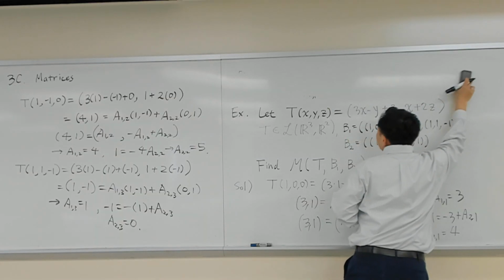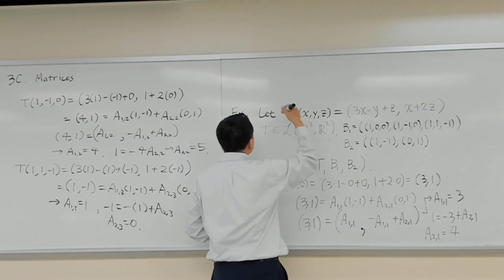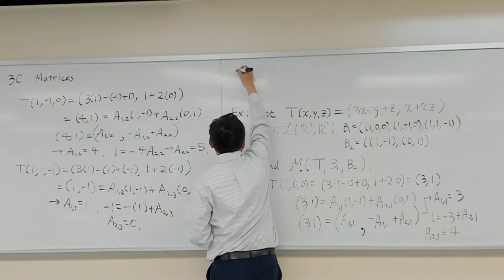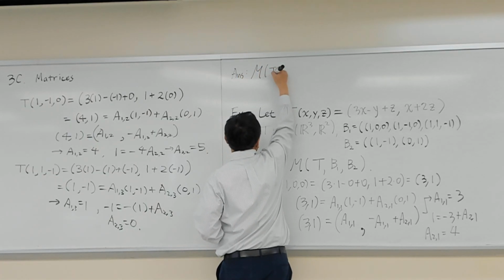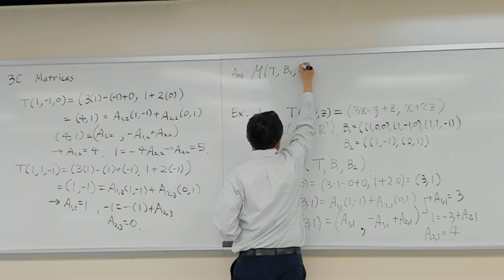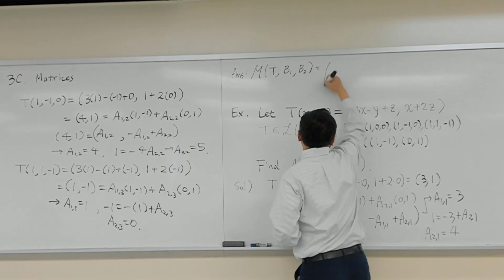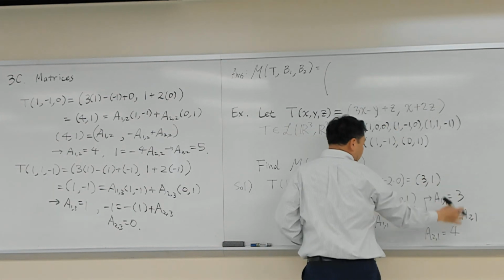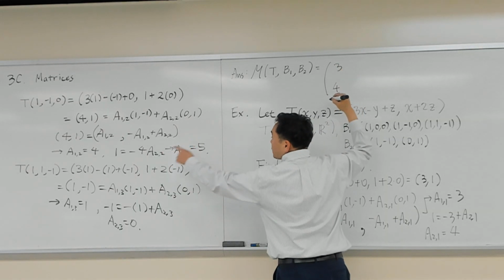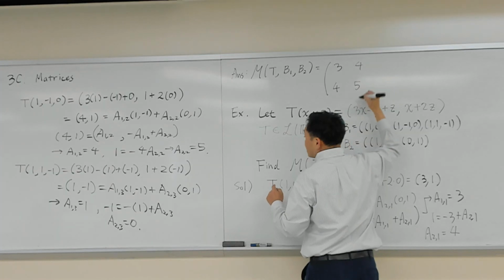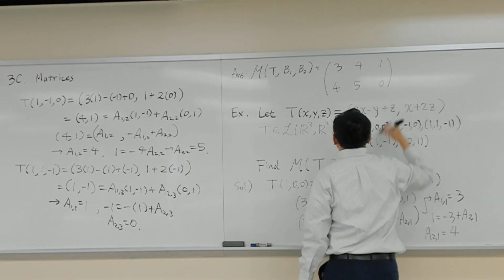Okay, so with all that, what's our answer? Well, remember, all these numbers should be written as columns, so the matrix representation of T from B1 to B2 is going to be the matrix where you put 3 and 4 as the first column, and then 4 and 5 as the next column, and then 1 and 0 as the last column.